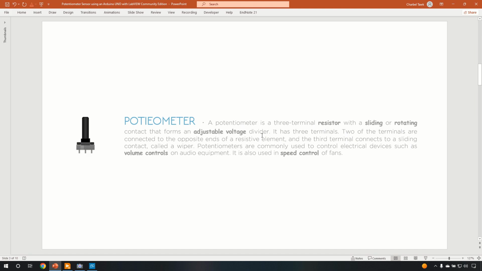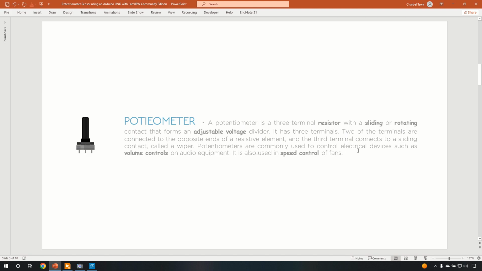So a potentiometer has 3 terminals, one to be connected to the ground, one to be connected to a power source, and one for the voltage or resistance output, as we will see shortly. 2 of the terminals are connected to the opposite ends of a resistive element, and the 3rd terminal connects to a sliding contact or a rotating contact as well.